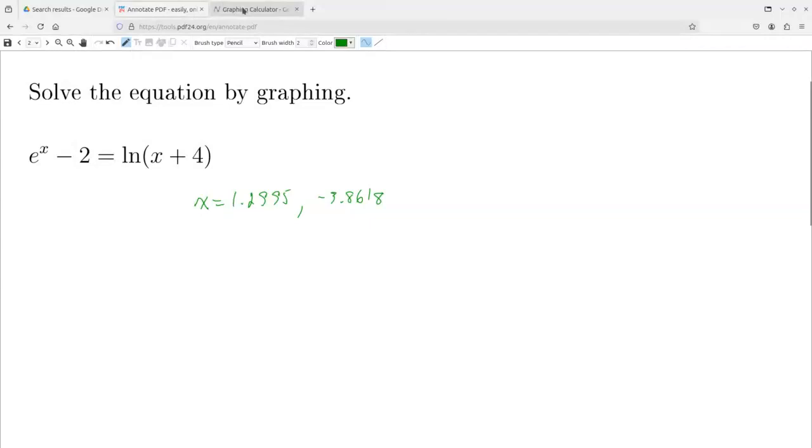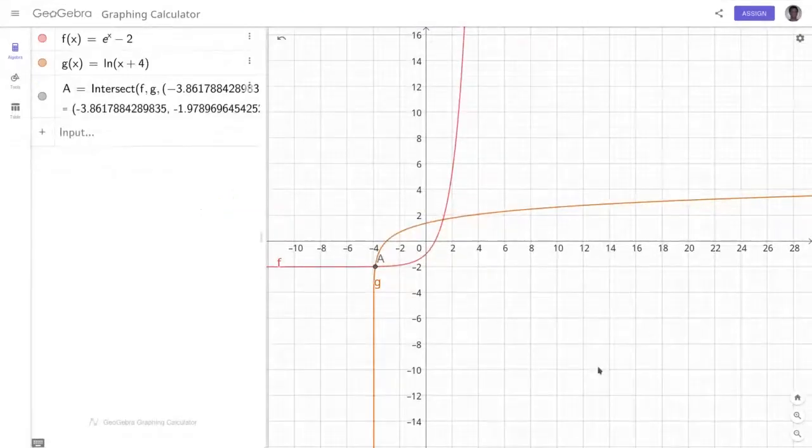And just as before, to be complete, we should at least consider whether or not there are going to be other intersections that aren't showing.